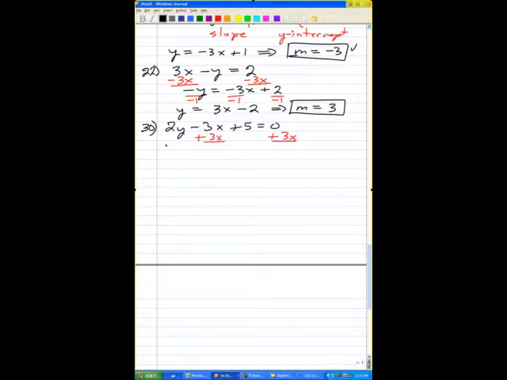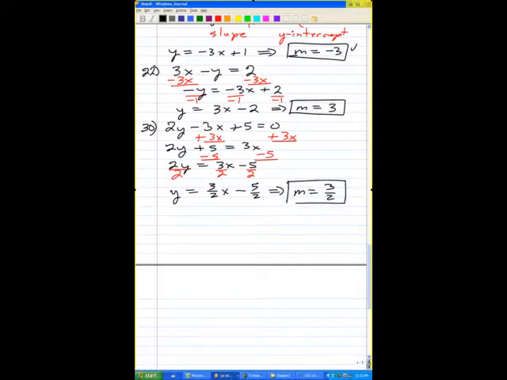So 2y plus 5 equals 3x. Let me subtract 5 from both sides. So I have 2y equals 3x minus 5. Let me divide both sides by 2. And so I get y equals 3 halves x minus 5 halves. Therefore, the slope of this line is 3 halves.